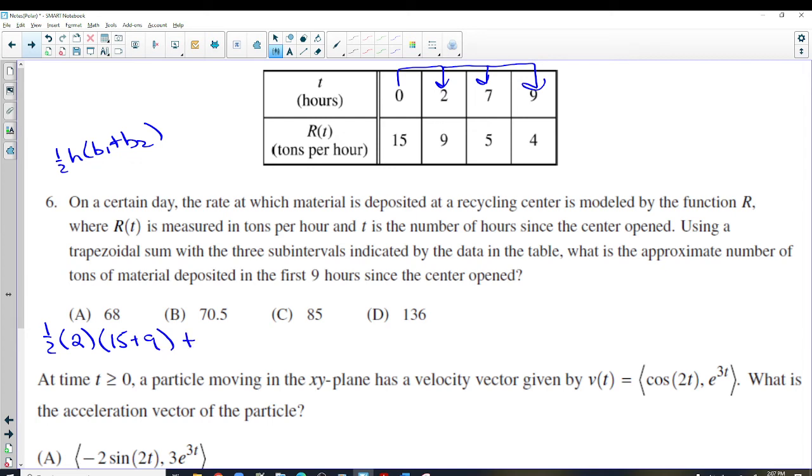Then 2 to 7 is 5, and that's going to be 9 plus 5. And then 7 to 9 is 2. Oh, I need the 1/2 times 5 plus 4. So those cancel. We got 24 plus 14, and half of 14 is 7. That's going to be 35. Those cancel, plus another 9. So 59 plus 9, 68.